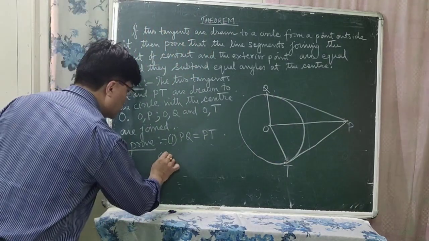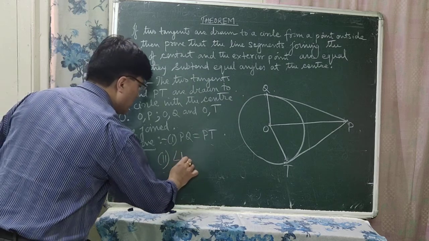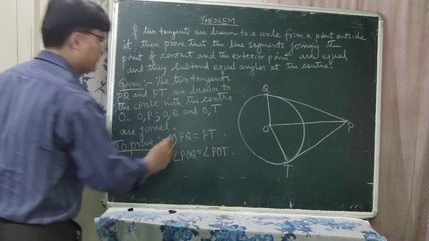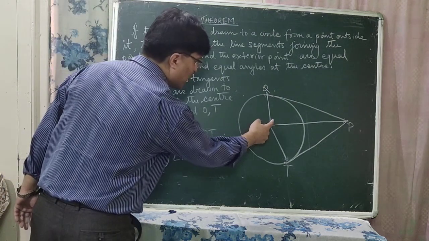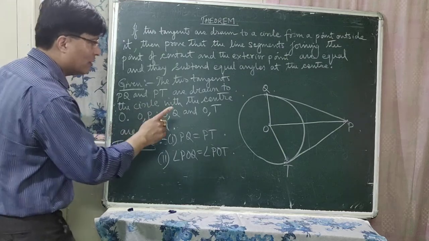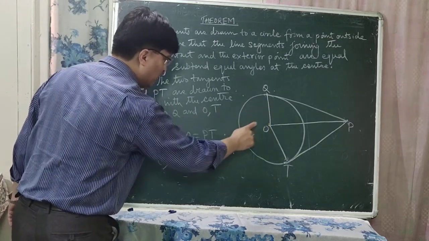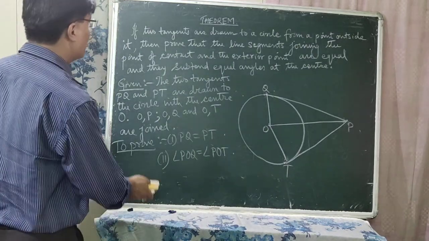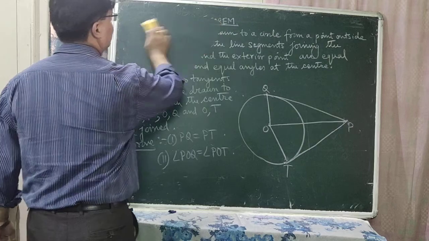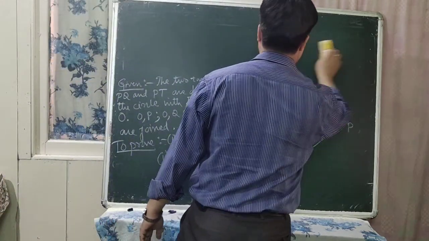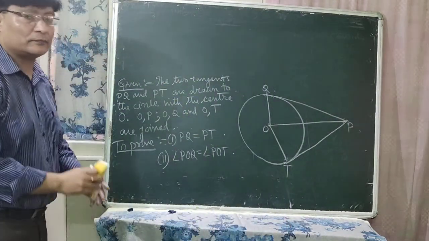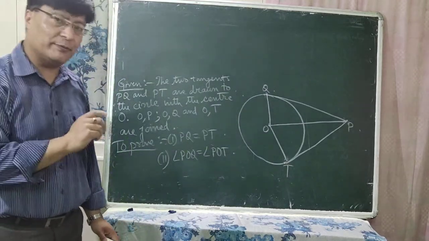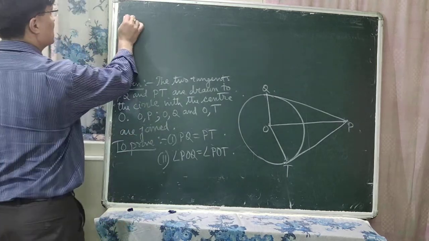That means you have to prove number 2, angle POQ is equal to angle POT. Is that clear now? So now we will prove it. In order to prove these two relations, we have to use the previous theorem. Okay? Now let us prove it.